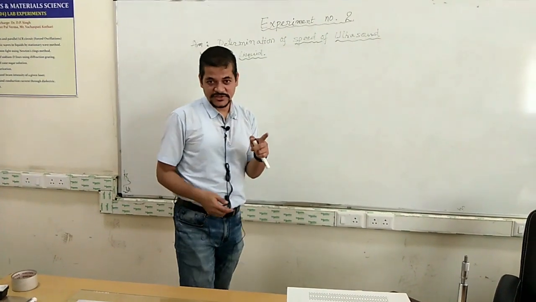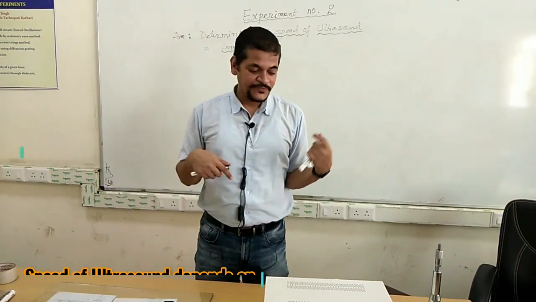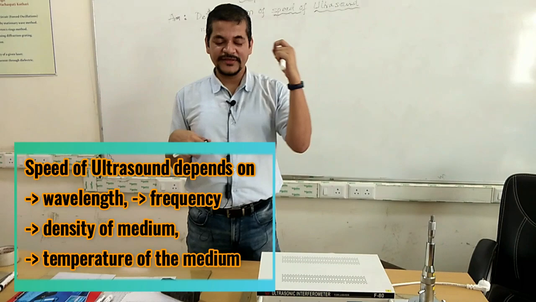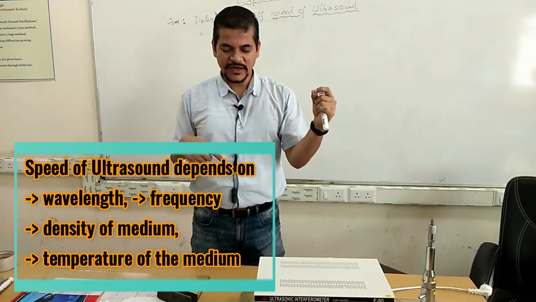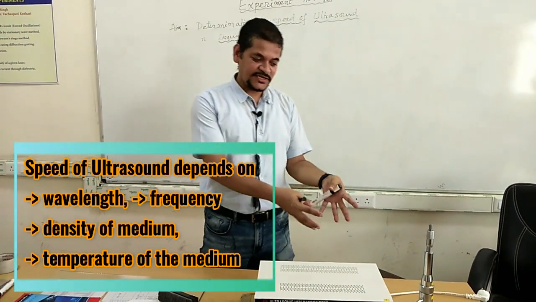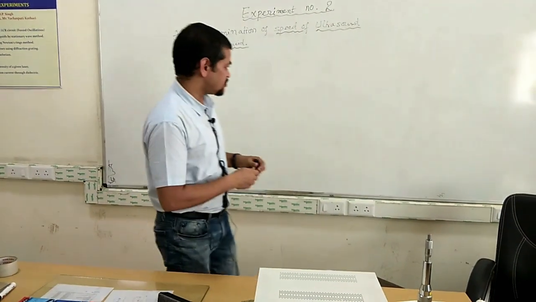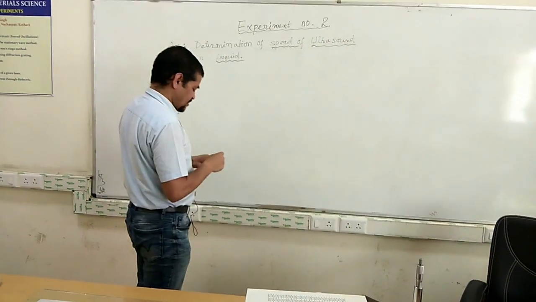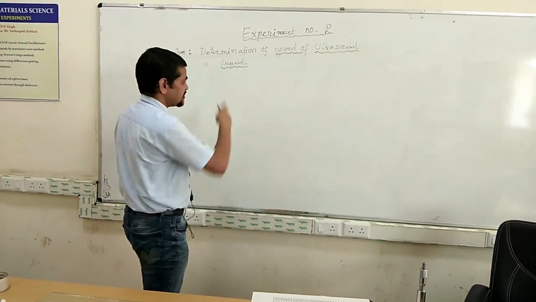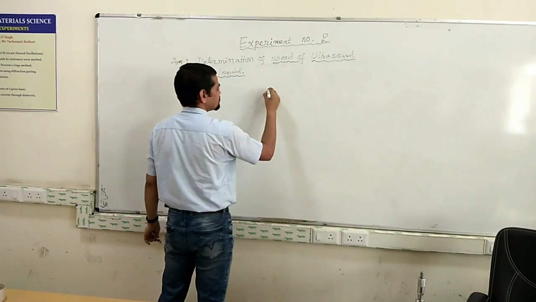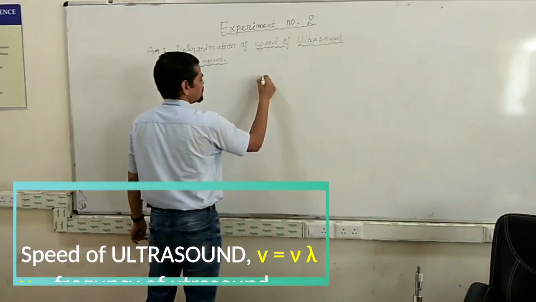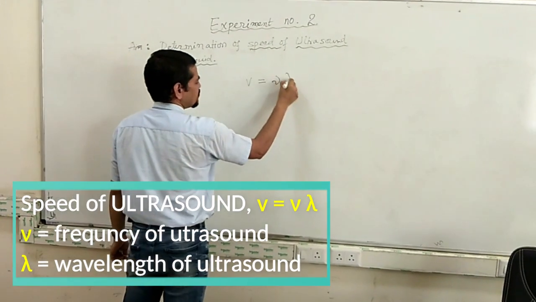Of course, the velocity of the ultrasound will depend on both its wavelength and its frequency, and also the density of the liquid being used. The main expression we use in this experiment is v equals nu lambda.